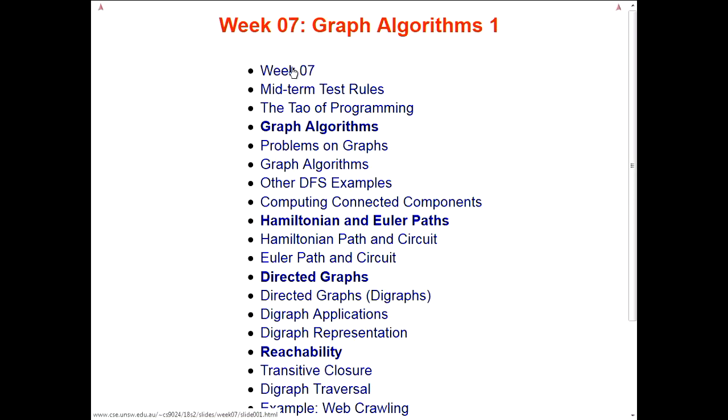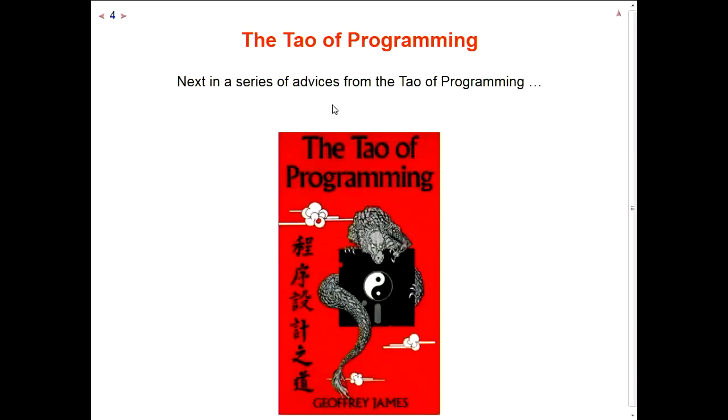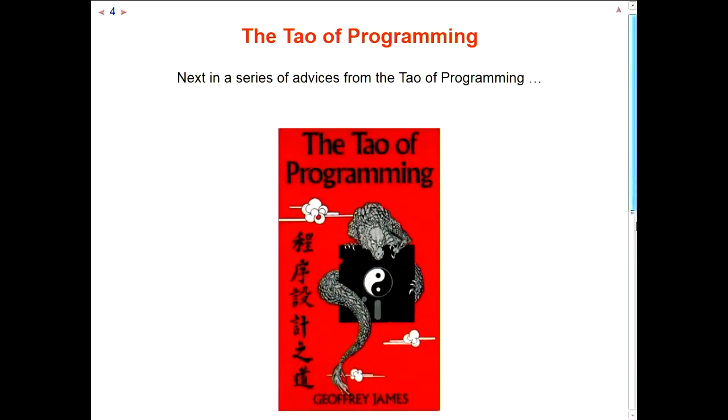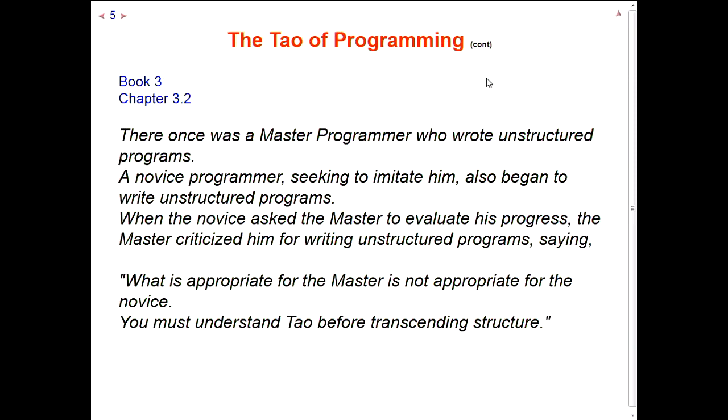Before we do that, let me quickly have another look into my DAO of programming, which has another interesting piece of advice concerned with what you should do when you write more complicated algorithms or programs. In book 3, chapter 3.2, you can read that there once was a master programmer who wrote unstructured programs.